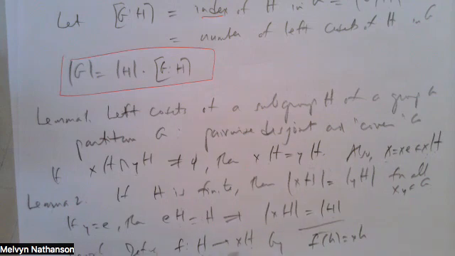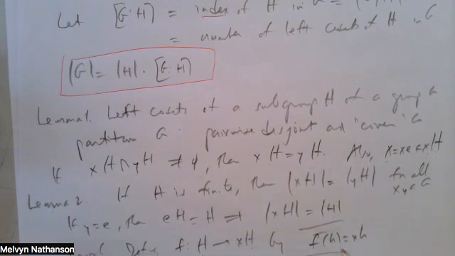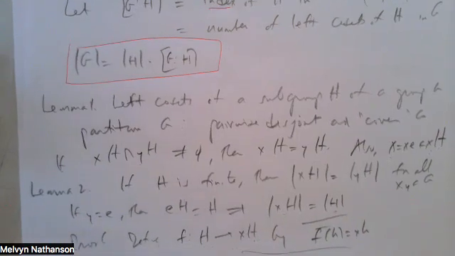So just this statement proves that every left coset has the same number of elements as the subgroup H. And from these, we can get very quickly the proof of Lagrange's theorem.